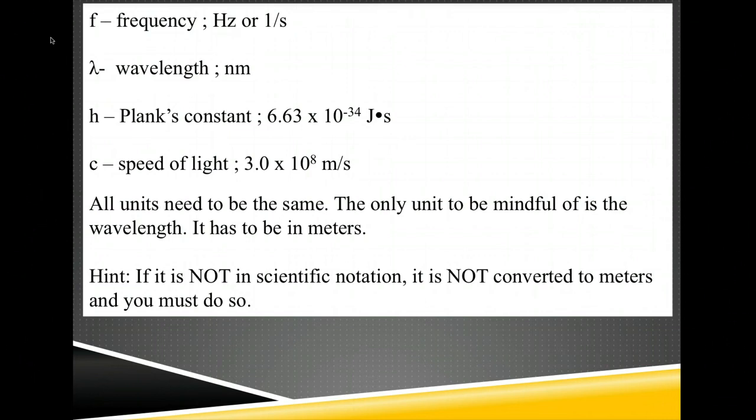Here are some of the variables and constants that we're going to be working with, and you need to write these down. So I'm going to pause here, give you a few minutes to write these down.